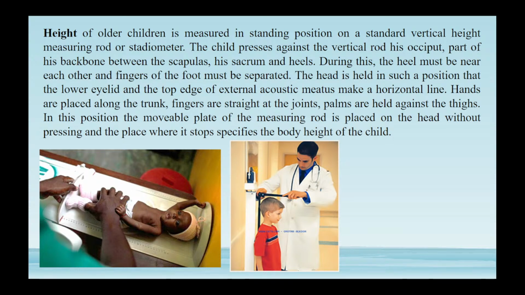It's on the photo. You can see two variants, for early age babies and for older babies. How to check the height or length of the body more correctly for children of early age.